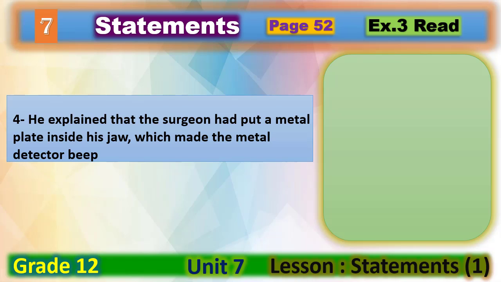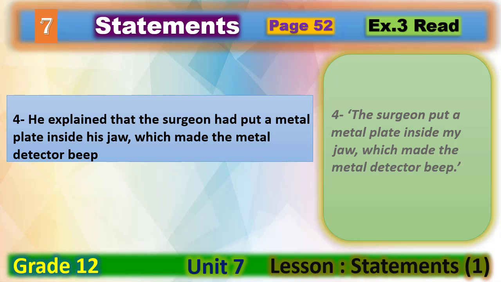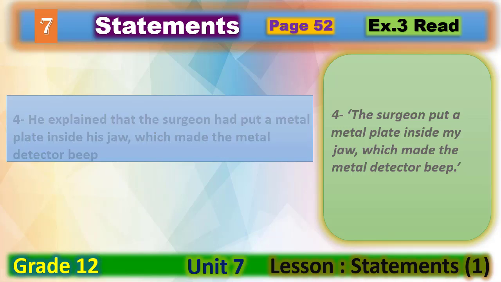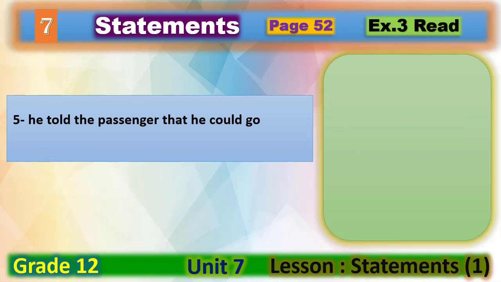He explained that the surgeon had put a metal plate inside his jaw, which made the metal detector beep. The surgeon put a metal plate inside my jaw, which made the metal detector beep. He told the passenger that he could go.